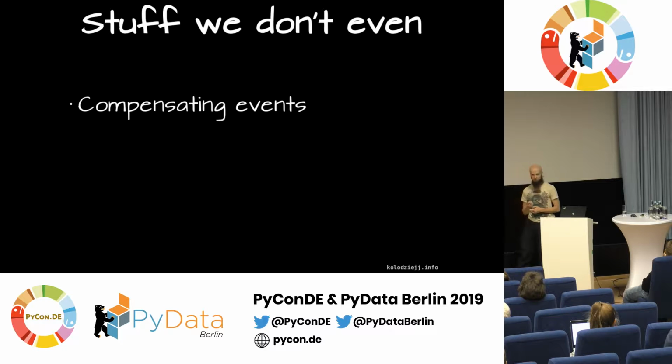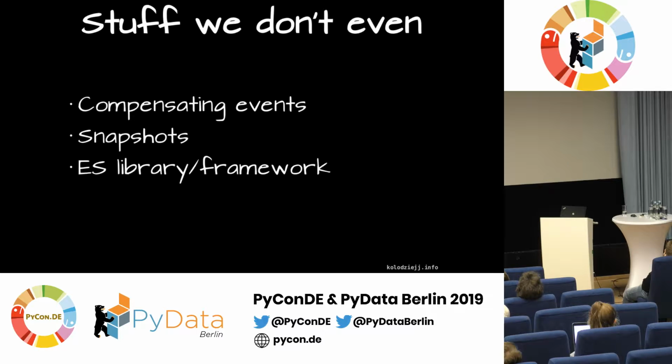There is more stuff that we don't do that is connected with event sourcing. Second thing is snapshotting. Our aggregates are very, very short. The median amount of events per aggregate is 17, if I remember correctly. So there's absolutely no point in snapshotting for us. Also, we don't use any existing library or framework.